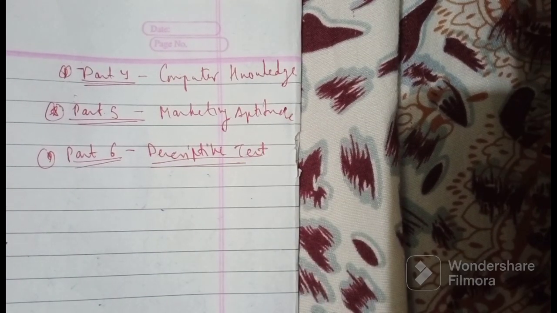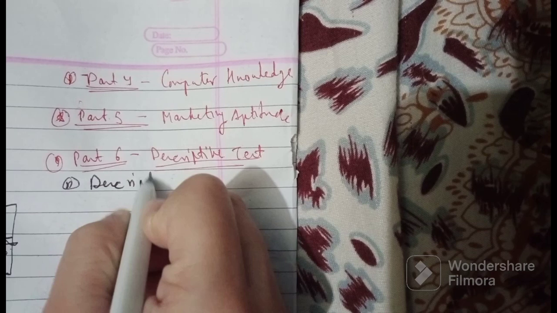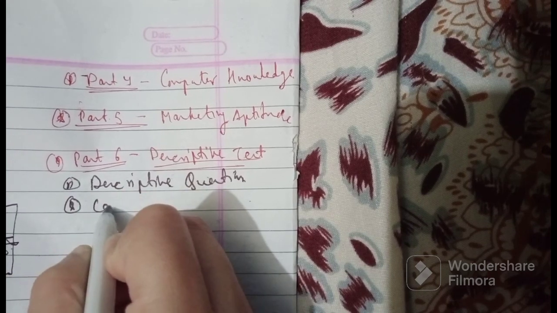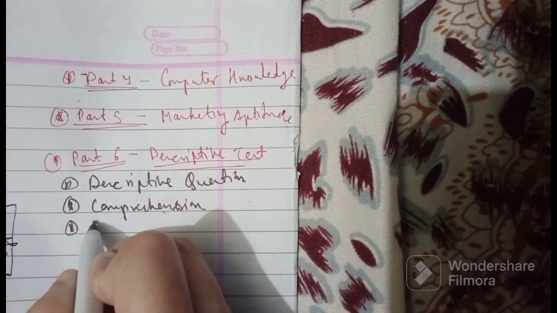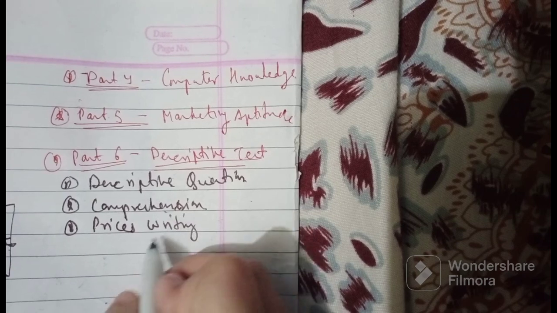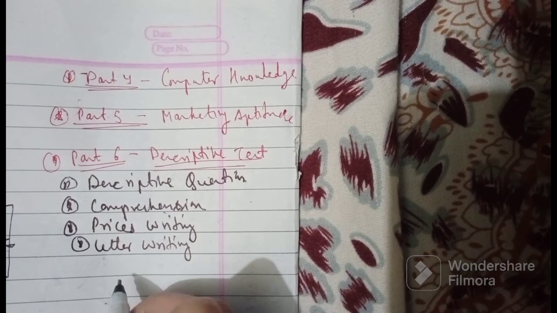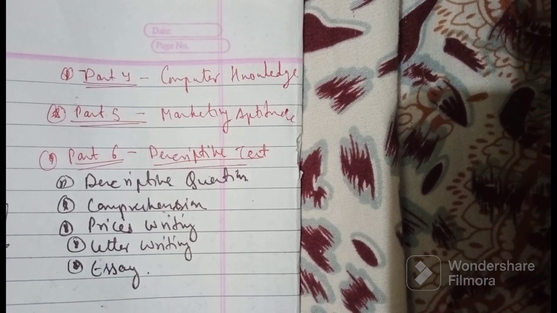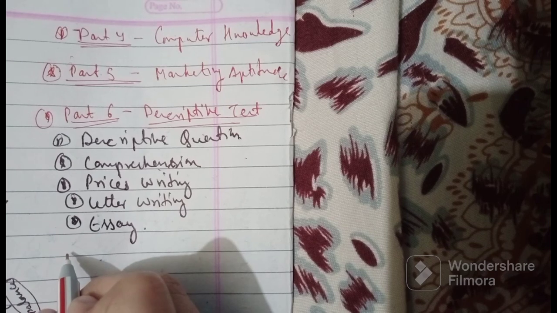It consists of descriptive questions, comprehension, precise writing, letter writing, and essay. Part 7 is general awareness.